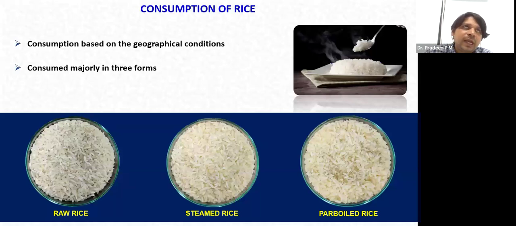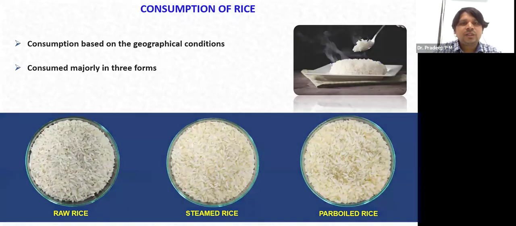In North India, they are dependent on long basmati or non-basmati varieties. And in Central or South India, they are majorly dependent on the small varieties like HMT, BPT, JSR. So these are the various ways in which the rice or the paddy is processed.